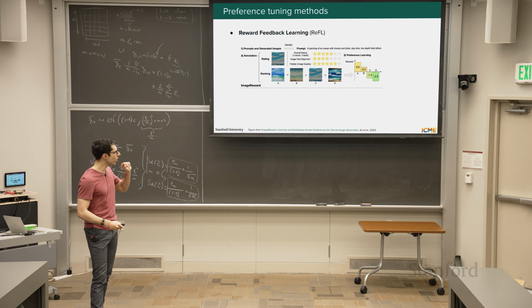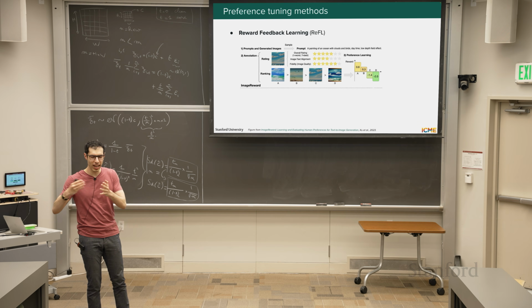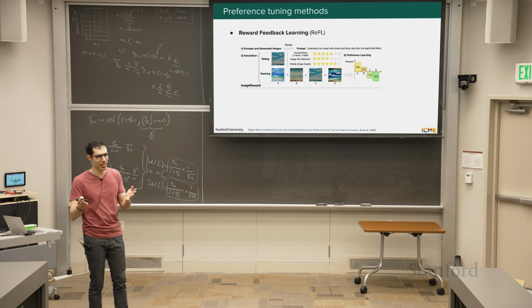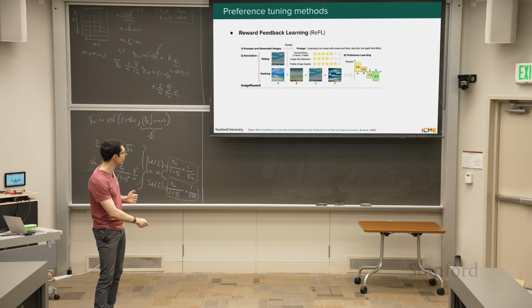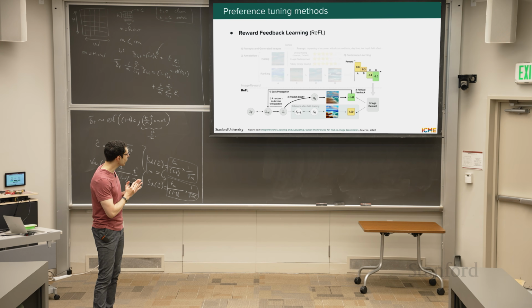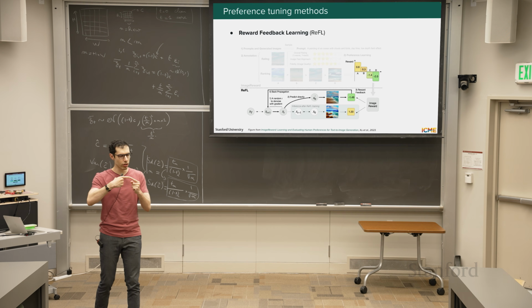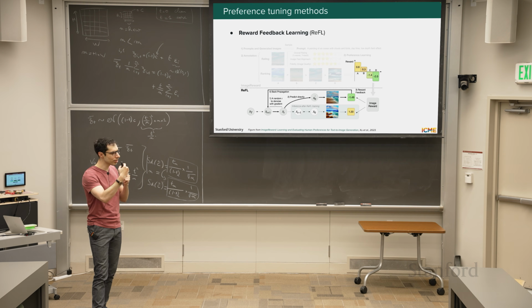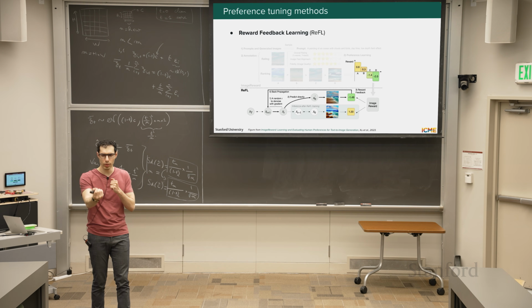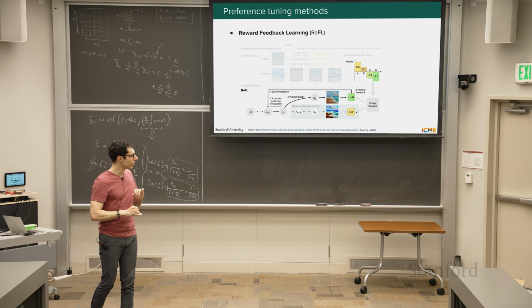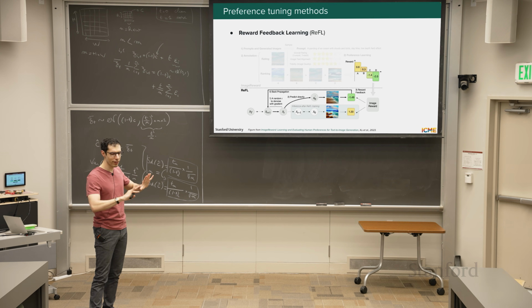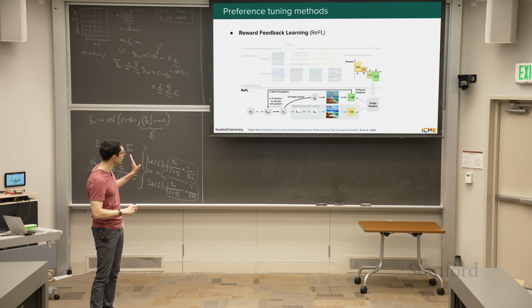So if the reward model says that one is good, then hopefully it's something that is aligned with what the human would say. And what you want is to train your image generation model in order to produce images that are of higher rewards.